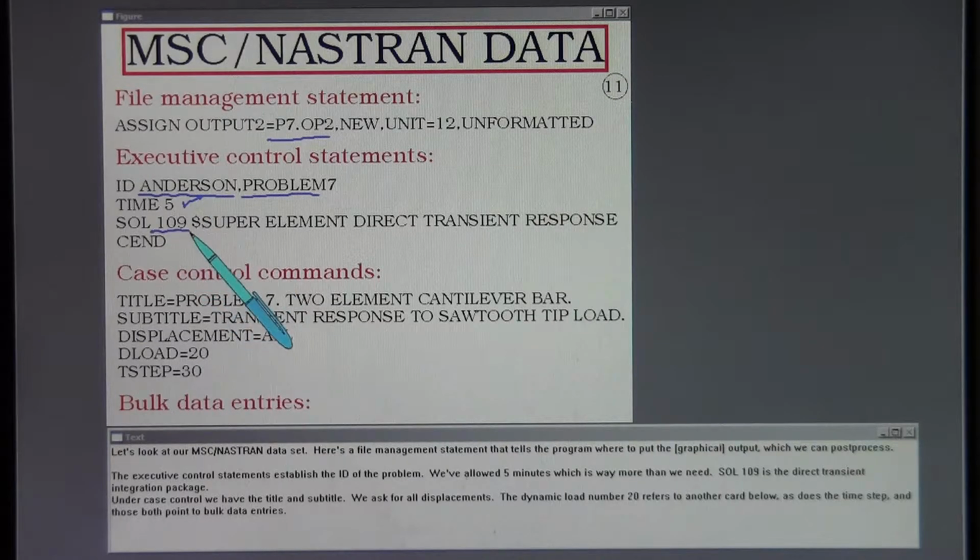SOL 109 is the direct transient integration package. Under case control, we have the title and subtitle. We ask for all displacements. The dynamic load number 20 refers to another card below, as does the time step. And those both point to bulk data entries.